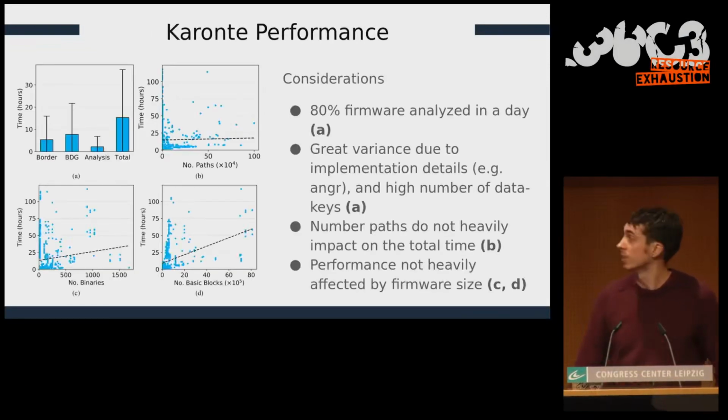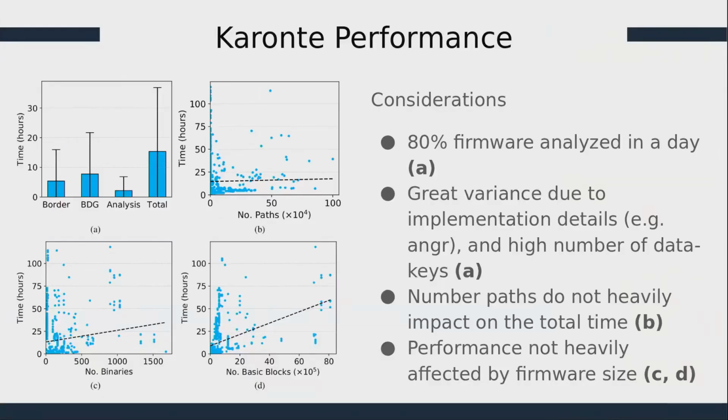Also, we plot some statistics, and we found that 80% of the firmware were analyzed within a day, as you can see from the top left figure. However, experiments presented a great variance, which we found was due to implementation details. For instance, we found that angr would take more than 7 hours to build some CFGs. And sometimes that was due to a high number of data keys.